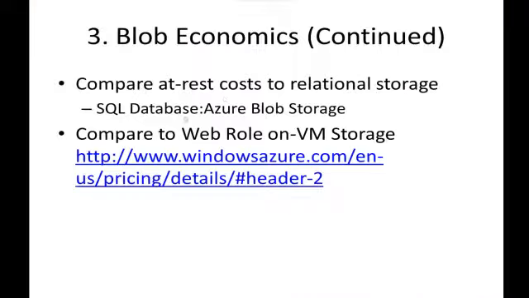All right, enough about that comparison. And then there's one more point I want to make. If you're using cloud services, which have web roles and worker roles, they also come with some onboard storage in the virtual machine.